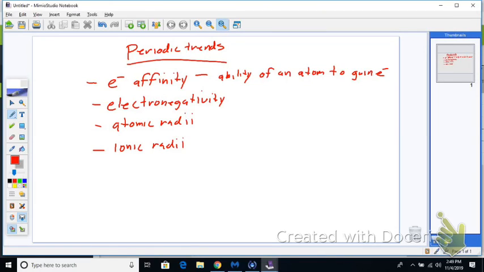Okay, electronegativity is kind of like electron affinity, but it's in bonding. So this one's the ability to attract an electron during bonding. We'll say covalent bonding.